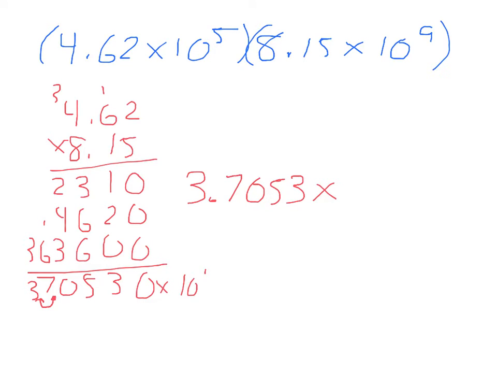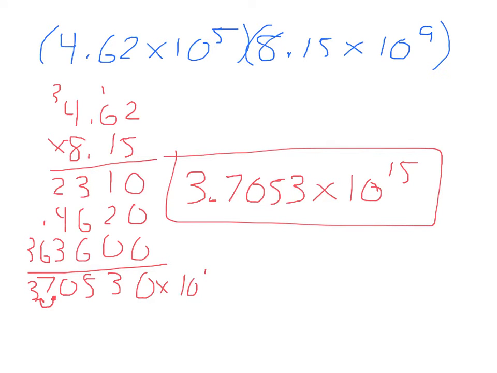So it's 10 to the first, 10 to the fifth, 10 to the ninth, which will give me 10 to the 15th. No, I didn't make a mistake. So there we go.